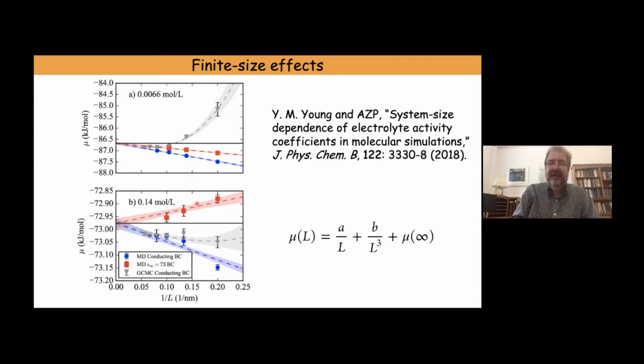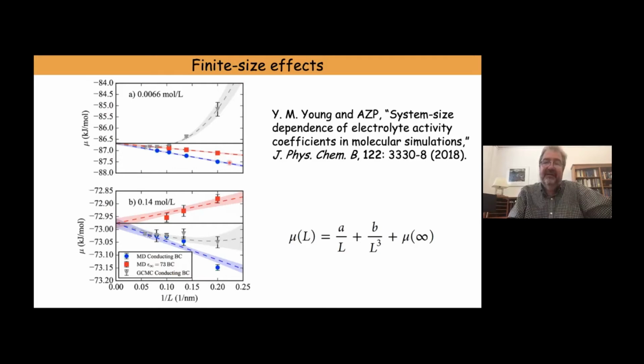These are done with an implicit solvent system, and you can see that the differences, which appear to be quite high at low concentrations, will result in large shifts in the activity coefficient. At higher concentrations, you have more.